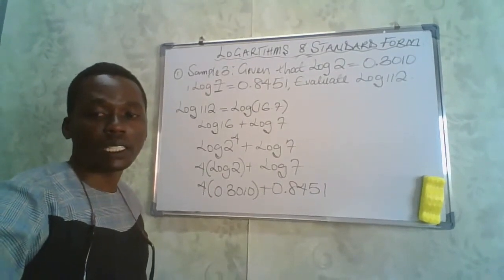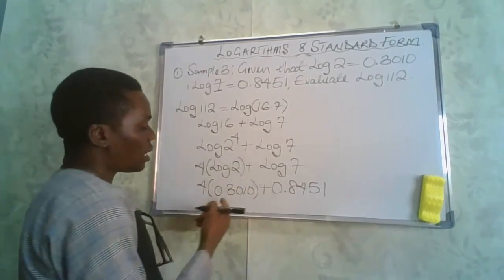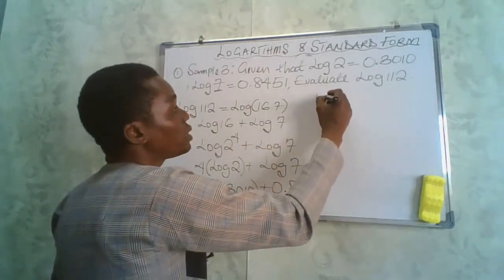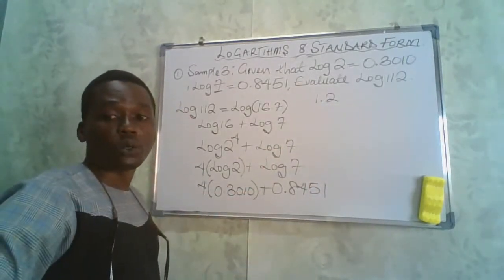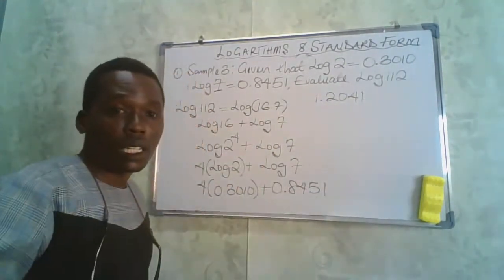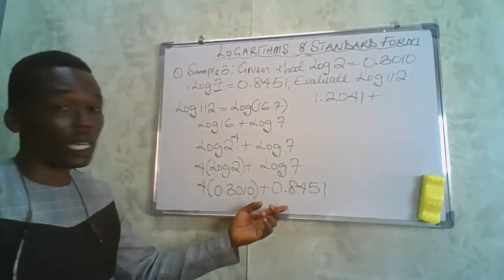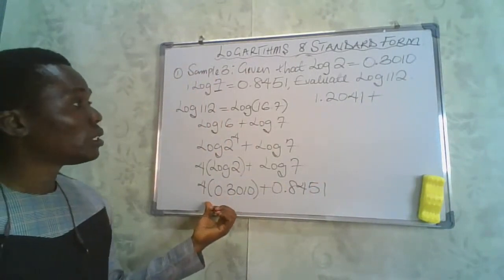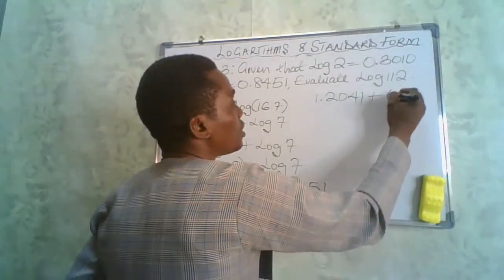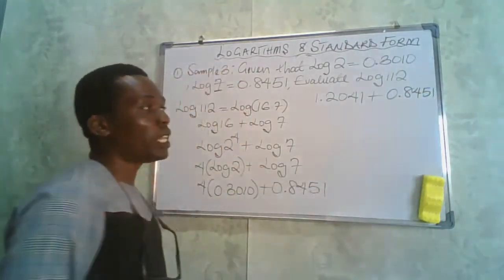Let's use a calculator in order to get an accurate value. 4 times 0.3010 will give us 1.2040. Point your calculator if you are watching that, and that will give us 1.2041, right? Now, we're going to add that to 0.8451. So let's sum this.